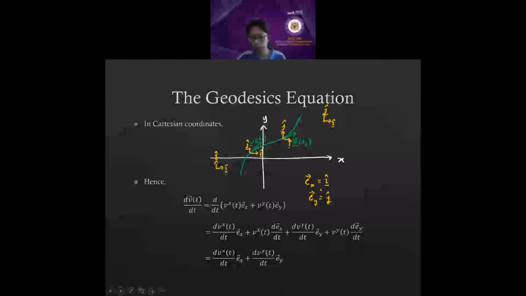So I'm using a slightly different notation over there. Notice that when we take the derivative and apply the chain rule and the product rule, we need to take into account the rate of change of the basis vectors, the unit vectors, as well.